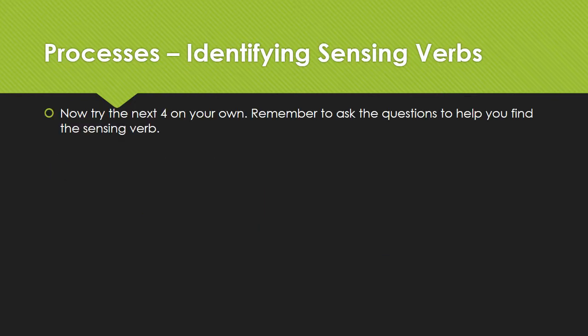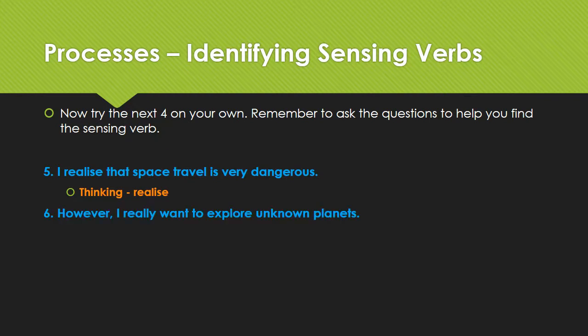Well done. Let's see how you went. Number 5. I realize that space travel is very dangerous. Okay, here the sensing process is realize. That is a thinking process that is going on in the person's mind. However, I really want to explore unknown planets.